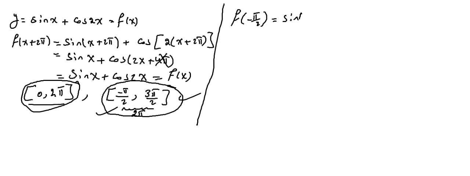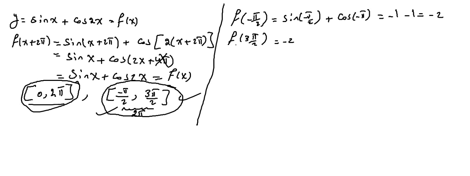It's sine of minus pi over 2 plus cosine of 2 times minus pi over 2, which is minus pi. Sine of negative pi over 2 is minus 1. Cosine of negative pi is also minus 1, so the answer is minus 2. f of 3 pi over 2 is the same, because negative pi over 2 is the same place as 3 pi over 2.